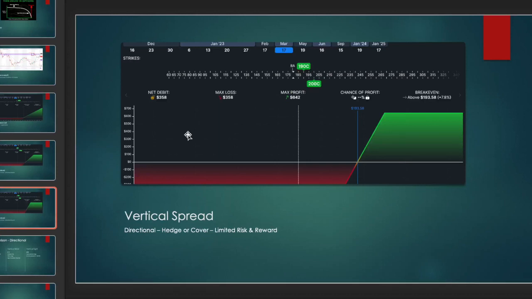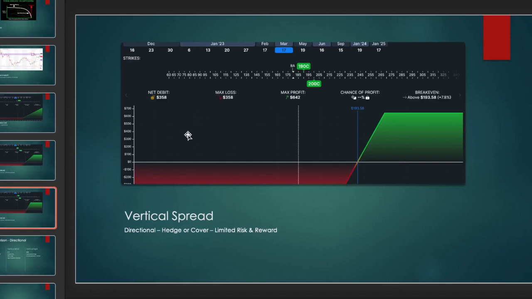Don't go for the cheaper contracts just because they're cheaper, because as you go higher in strike price, speaking of the calls, the cheaper they are, the less probable they are to end up in the money, which means the less probable you are of making money with one of those contracts.